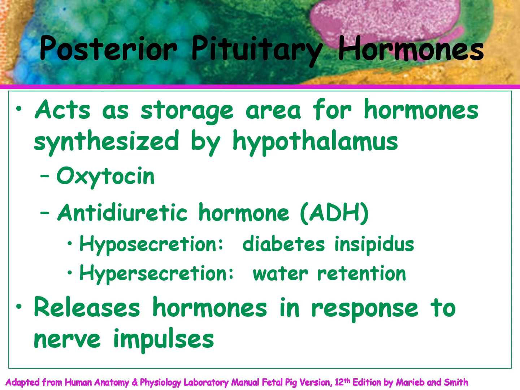Disease conditions can result from oversecretion or undersecretion of any of our hormones. And as we discuss, we will look at specific diseases in which we have hyposecretion or undersecretion and hyper or oversecretion of the hormones.